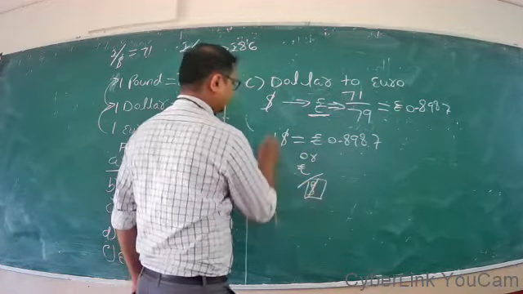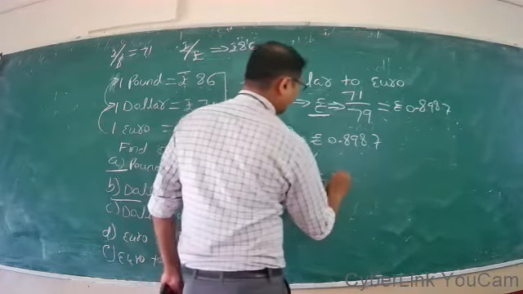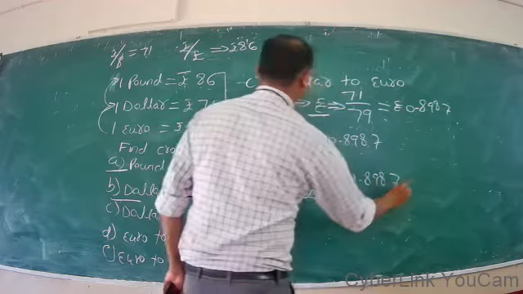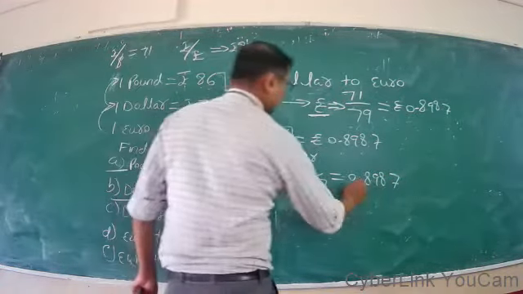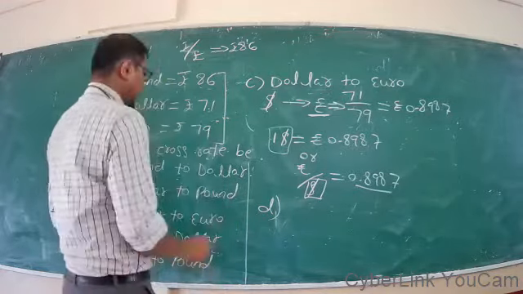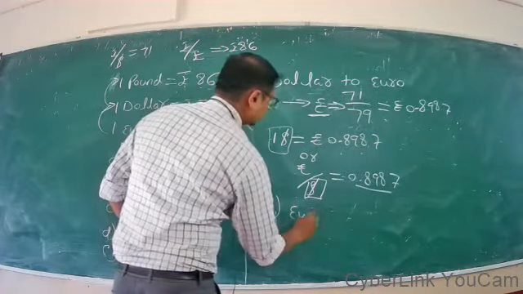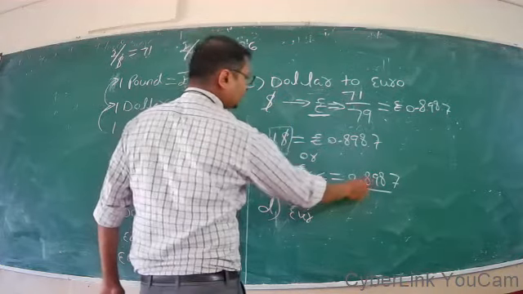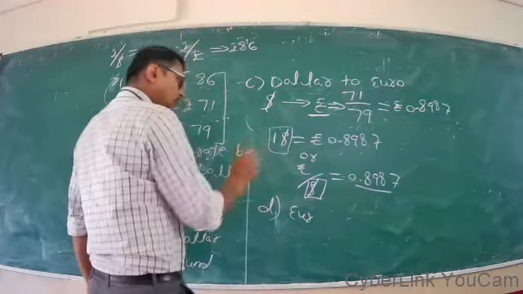This must be 1 unit. Euro per dollar is 0.8987. With the help of this answer, we can answer question number D, euro to dollar. Now we have found that dollar to euro is 0.8987 euro per dollar.